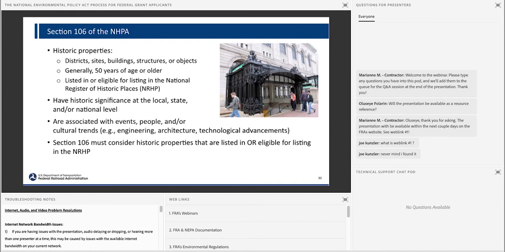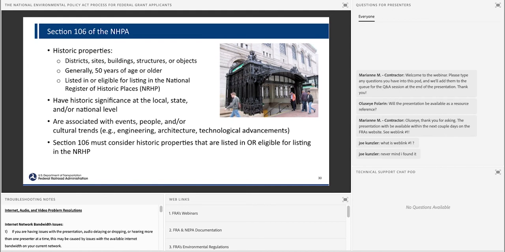Generally, but not in all cases, it is resources that are 50 years of age or older, but sometimes we actually do look in certain circumstances for things that are less than 50 years, if there's a very significant historic event that happened within 50 years, or in the case of a project that's going to be implemented over some time, we may be able to start looking at something that's like 45 years old, if we know the project's going to be implemented over a very large number of years.